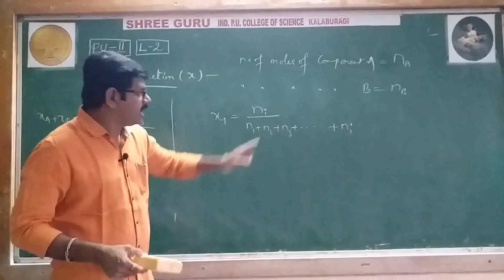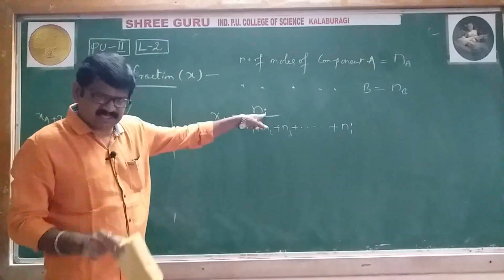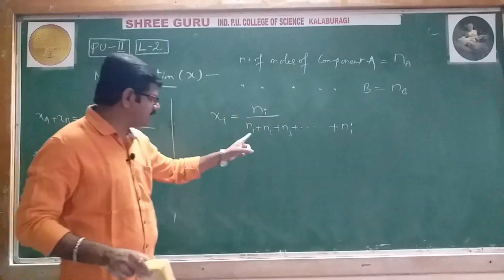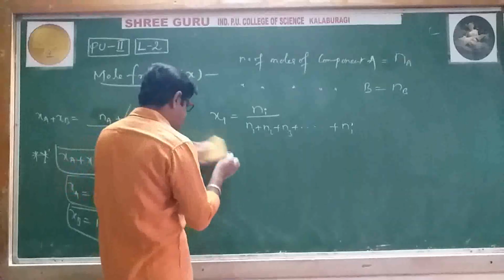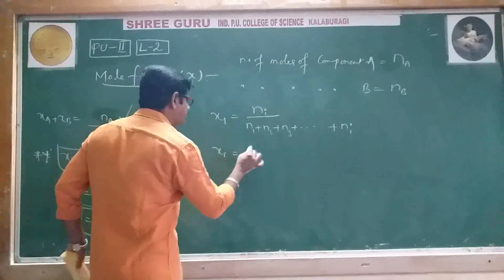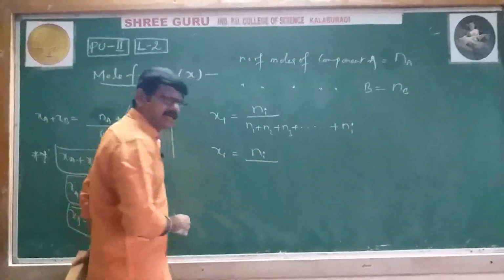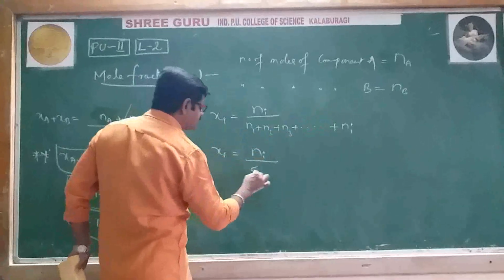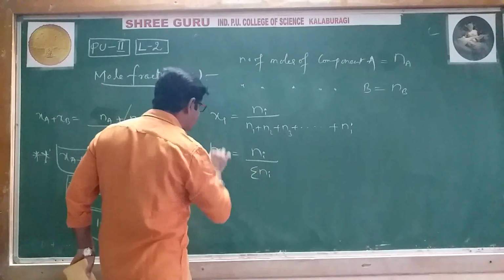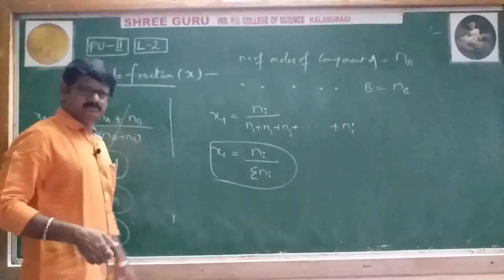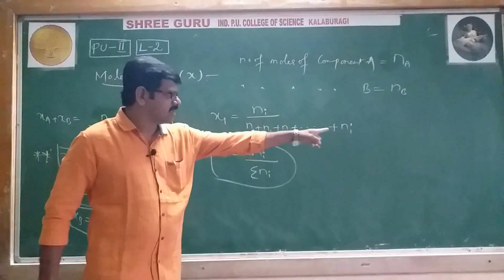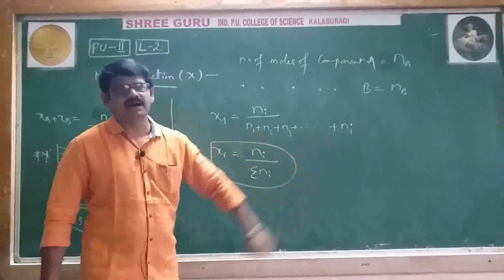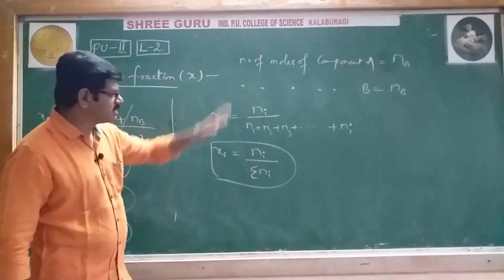We can also write xi equals ni divided by sigma ni in the denominator, which is n1 plus n2 plus n3 plus n4, n5, n6, up to ni, that is sigma ni.